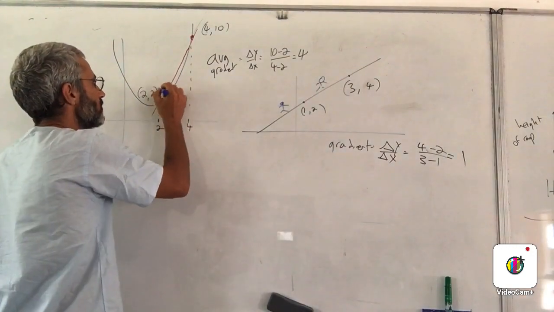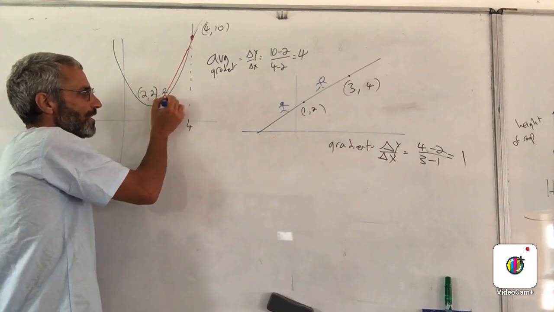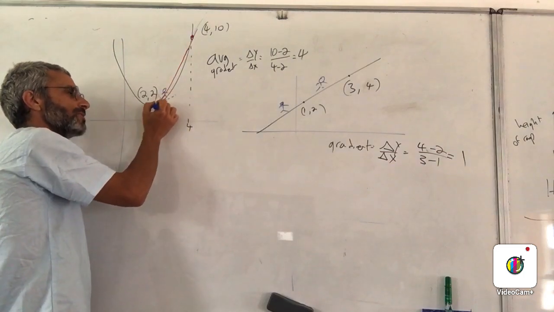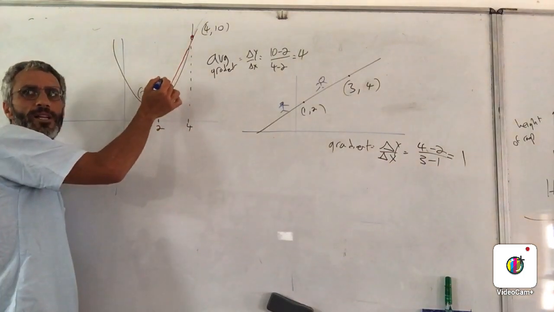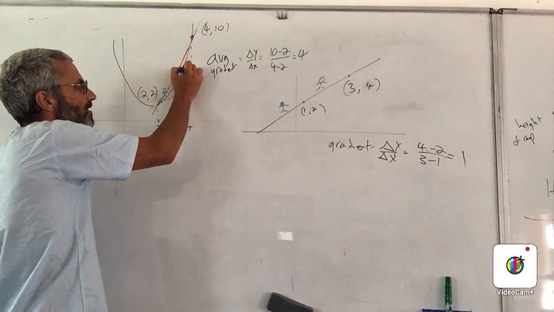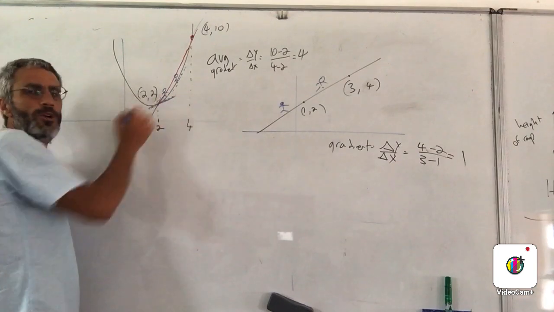But on a curve, when I'm starting my walk, the actual gradient is less than the gradient of the red line. If I walk around here, the gradient right now is less than the gradient of the red line.